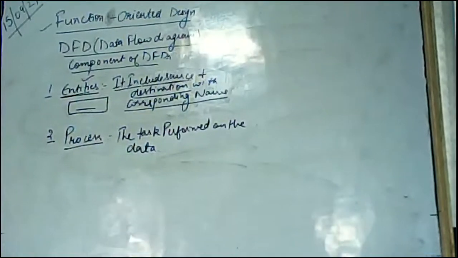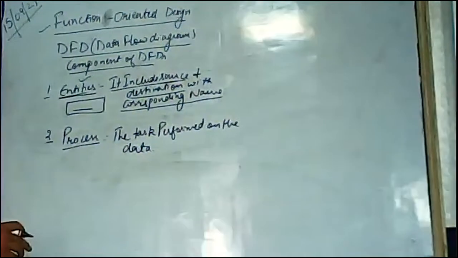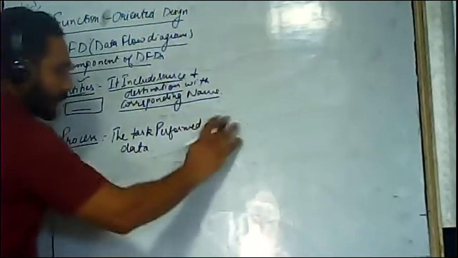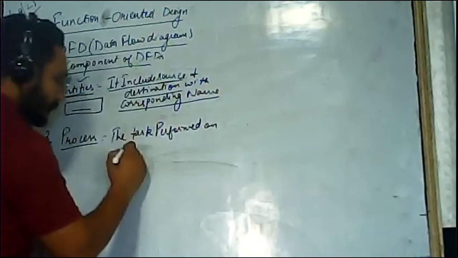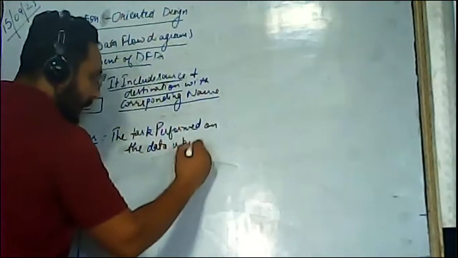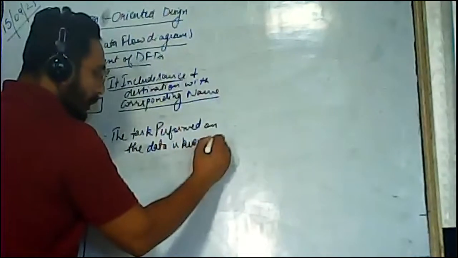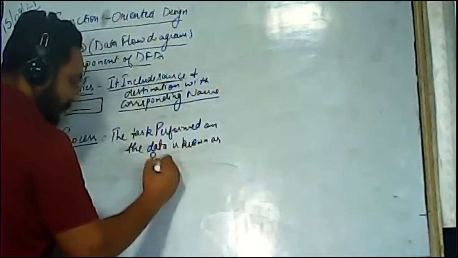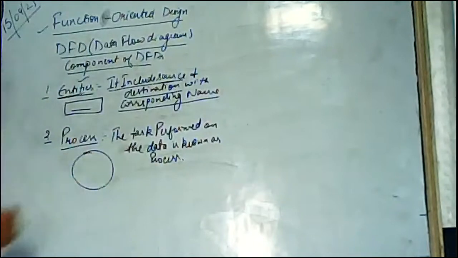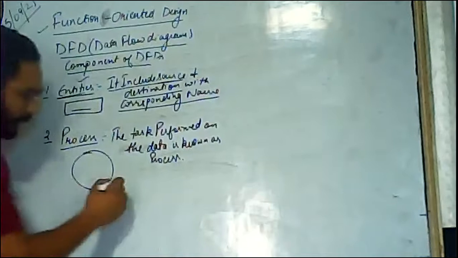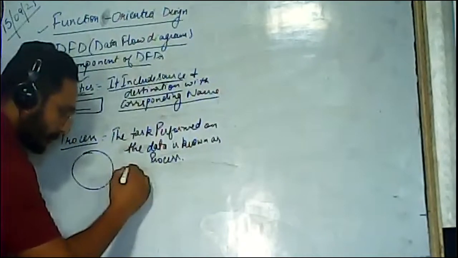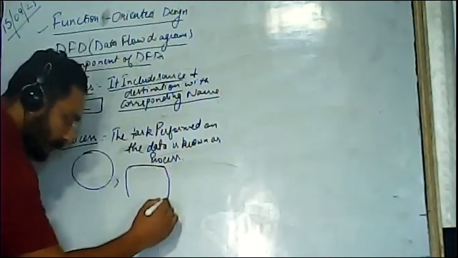The task performed on the data is known as process. And this is denoted as a circle, or in the latest tools it is represented as an oval-shaped rectangle.